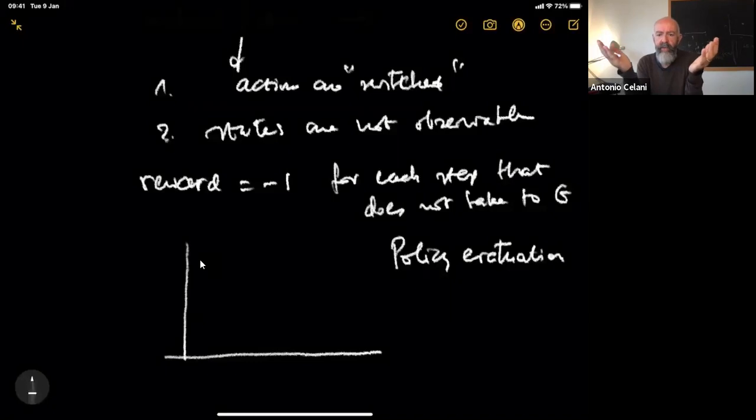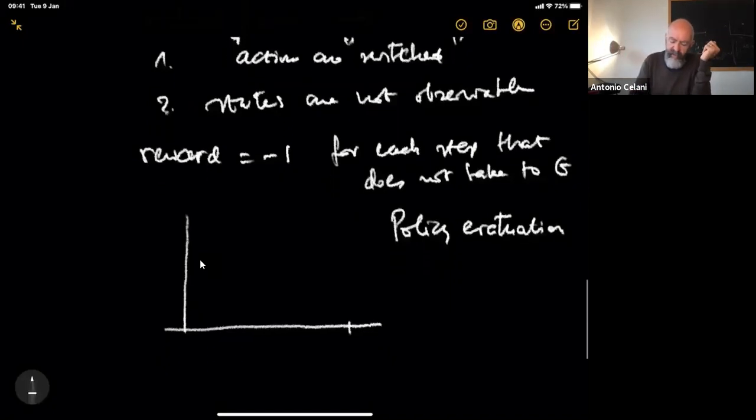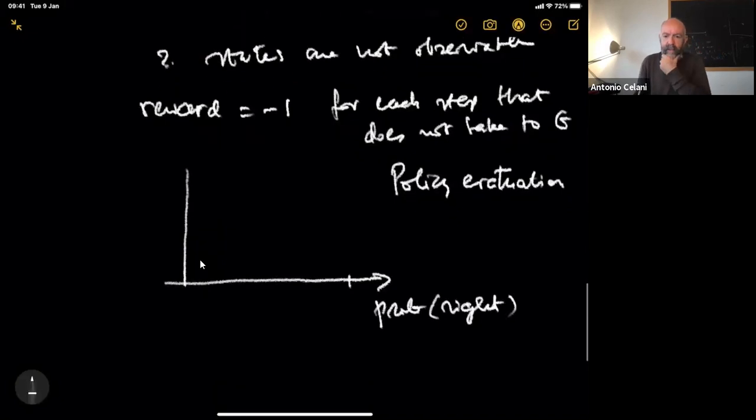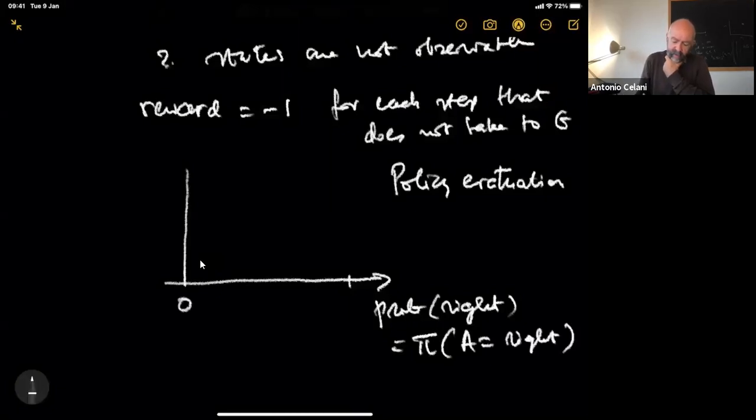That's the only thing over which you can optimize. That's the only thing you can decide at every time: should I go right or should I go left? And as a function of the probability of going right, this is the probability that the action I am picking is right, and this goes from 0 to 1.